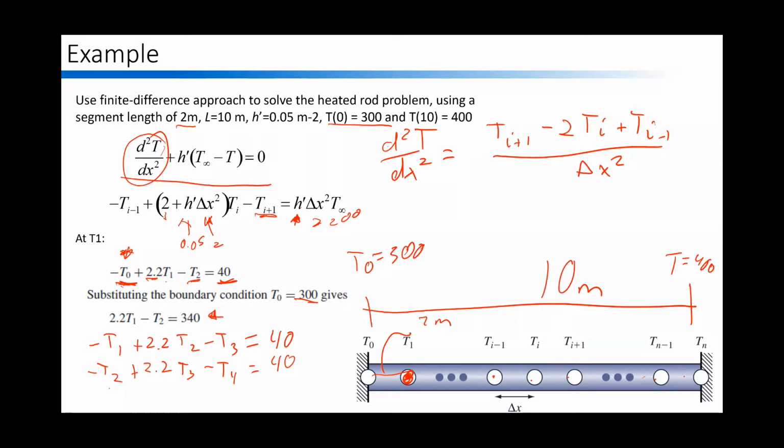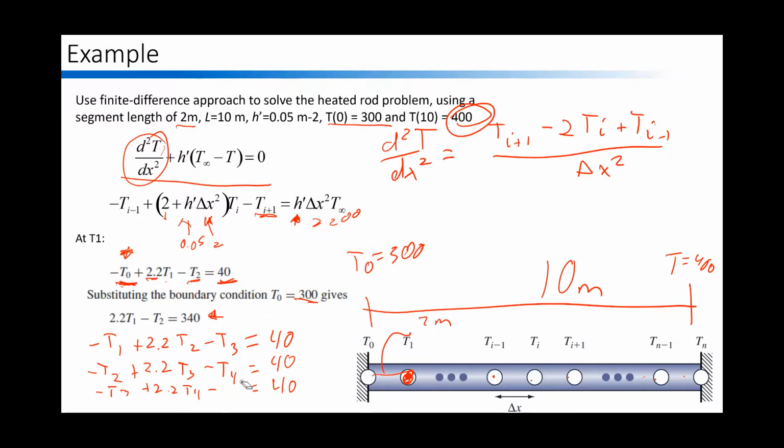We can then do this for T3, so we get negative T2 plus 2.2 T3 minus T4 equals 40. And then for T4, I have minus T3 plus 2.2 T4 minus T5 equals 40. In this case, T5 is known to be 400, that number up here.